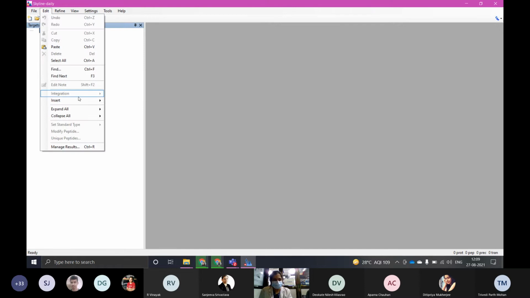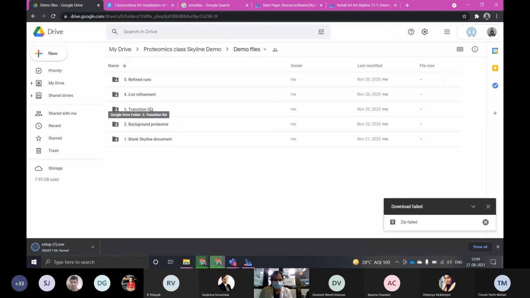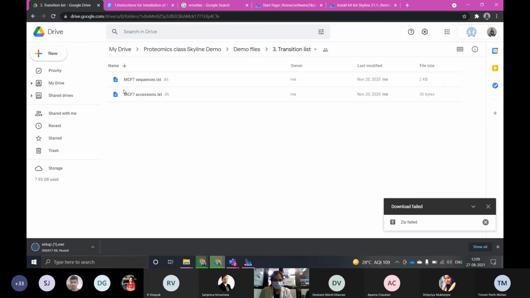After doing that, you just go to Edit, Insert, Proteins or Peptides depending on the type of input you have. For our case, since we have proteins, I go back to the transition list preparation here.